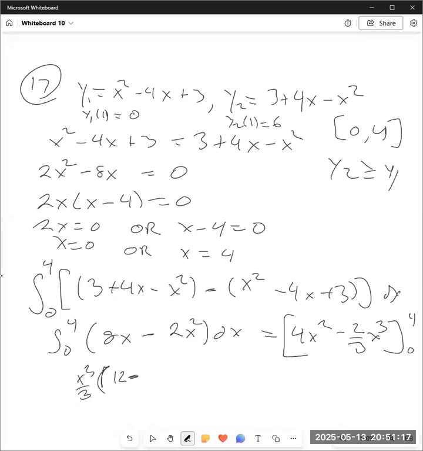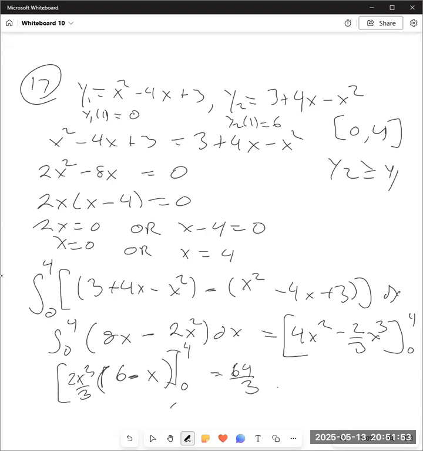From 0 to 4 is 2 times 2 is 4 times 4 squared is 16, which is 64 over 3.